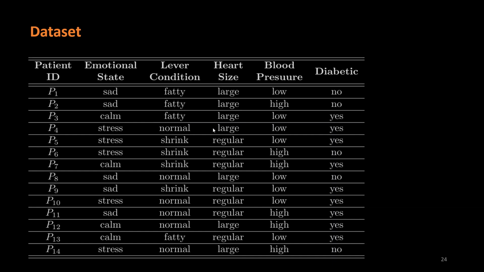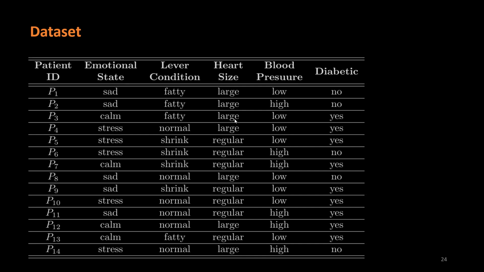So basically, we have to find which is the most important feature of this dataset. In order to find the feature importance, we will calculate the entropy of all these features, that is emotional state, liver condition, heart size, and blood pressure. When we calculate the entropy of each feature, then we will calculate the information gain of each feature.